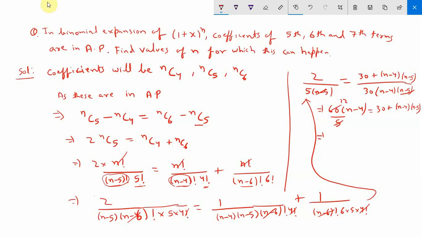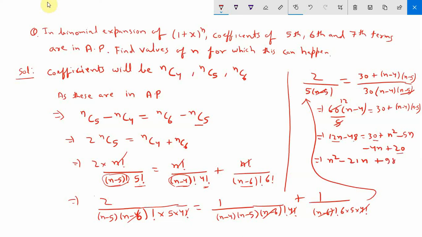Now we will simplify this. 12n minus 48 equals 30 plus n square minus 5n minus 4n plus 20. So we will get a quadratic equation, n square minus 21n plus 98 equals 0, since 50 and 48 will be plus only.